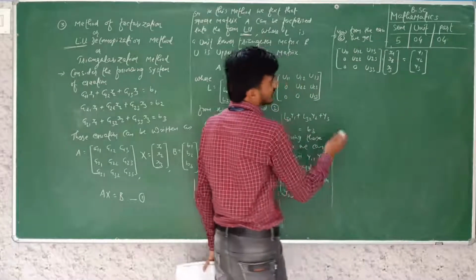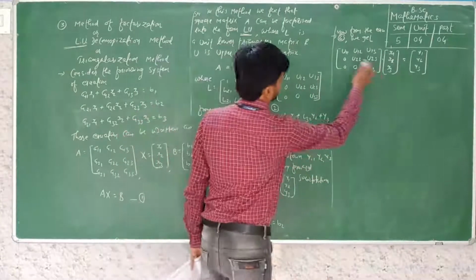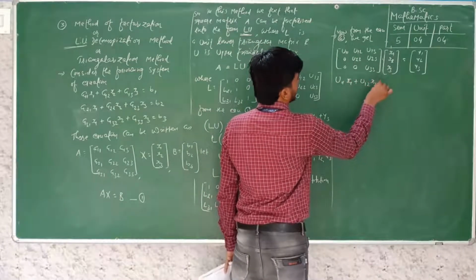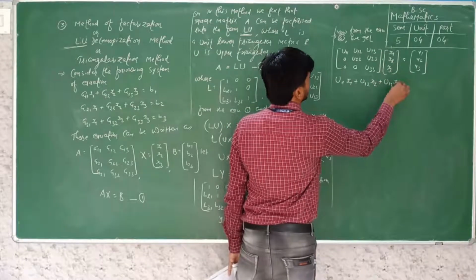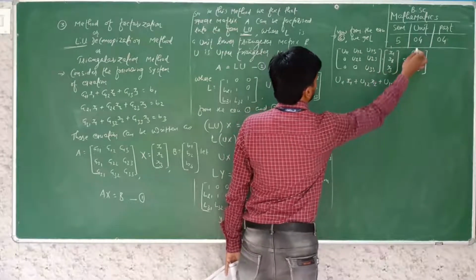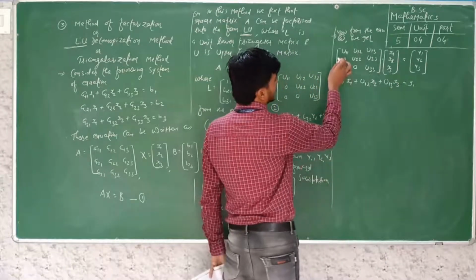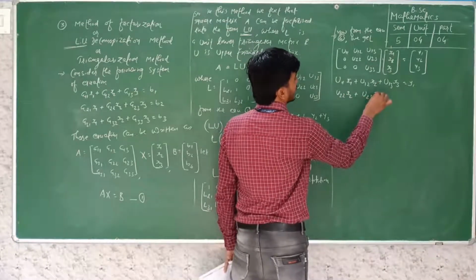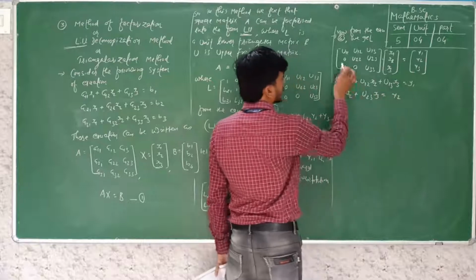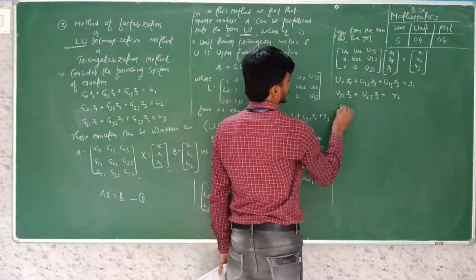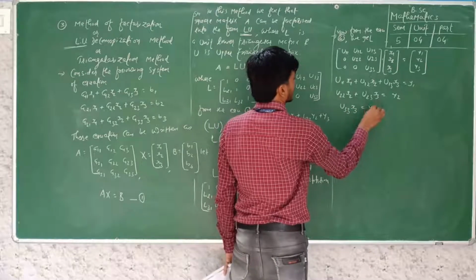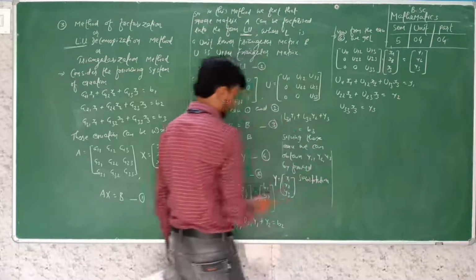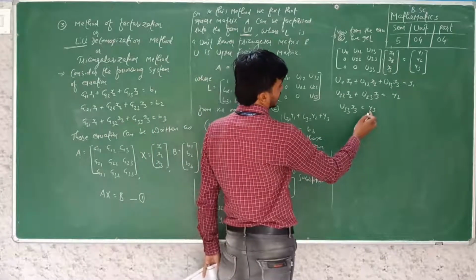So here, multiplying this, first row and first column, u11 x1 plus u12 x2 plus u13 x3 is equal to y1. Then 0 into x1 plus u22 x2 plus u23 x3 is equal to y2. And 0 into x1 plus 0 into x2 plus u33 x3 is equal to y3. Here there are three equations. Solving these, y3 is known, so we have the value of y3 and u33.